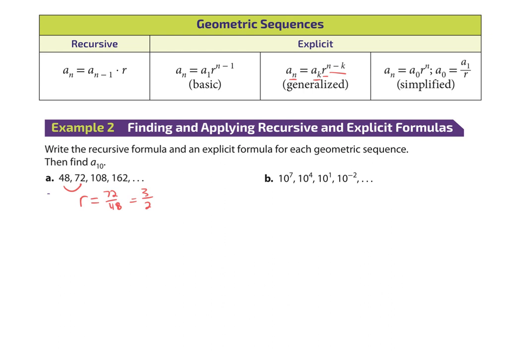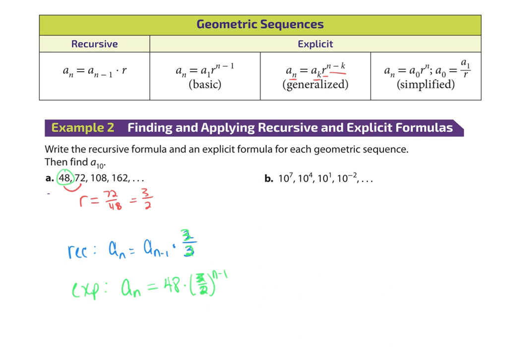So recursive is really easy. To get from one to the next, I'm going to take the one in front of it and multiply by that 3/2. Explicit is just as simple, right? In this case, I'm going to start with the starting term because that's what they gave me. So I would say 48 times 3/2 to the n minus 1.